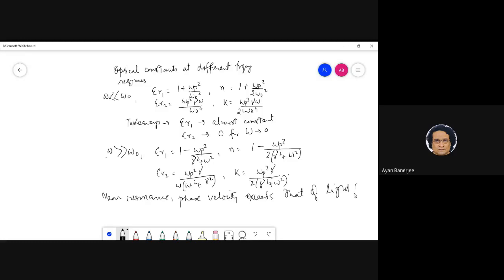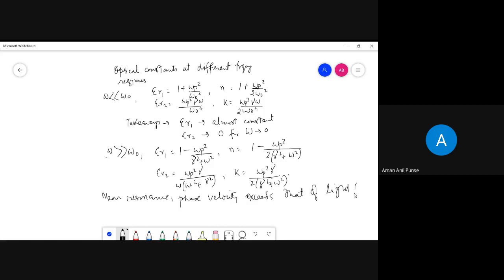I sort of preempted this a bit even in the last class: what is the problem about this? Is there a problem at all, in the sense of this phase velocity exceeding that of light? Do you think that it violates relativity?